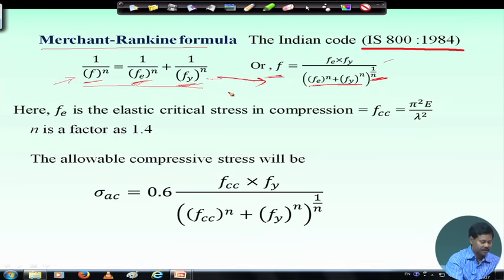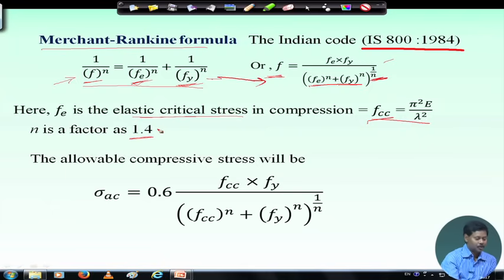I am not going into details, where f_e is the elastic critical stress, which was developed by Euler's formula, that is f_cc is equal to pi square E by lambda square. This we discussed in the last class, how to find f_cc from Euler's formula. So, Euler's formula, f_cc is equal to pi square E by lambda square, will be used here, and n is a factor which is taken as 1.4.